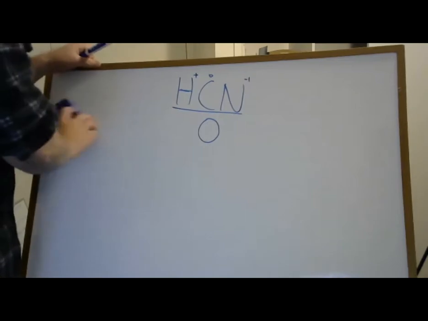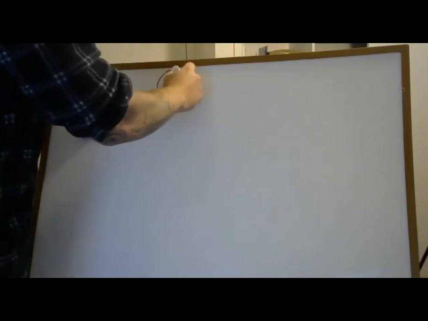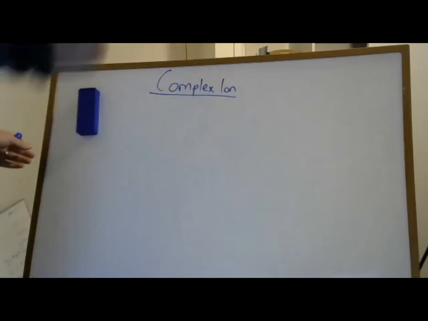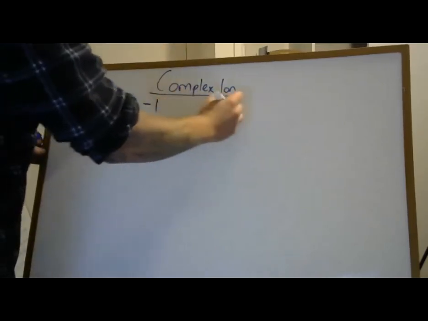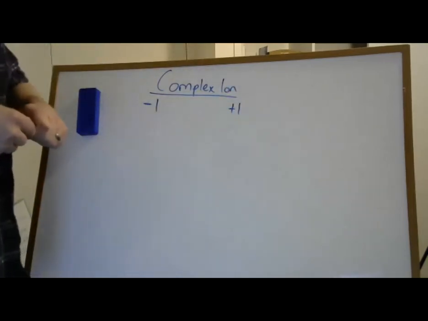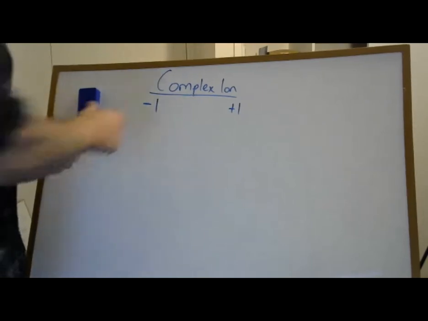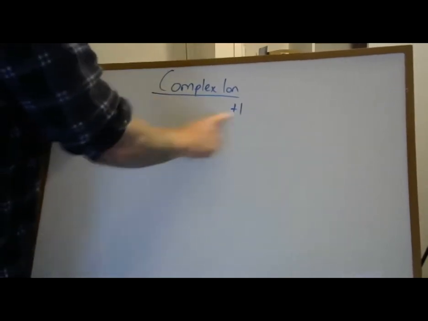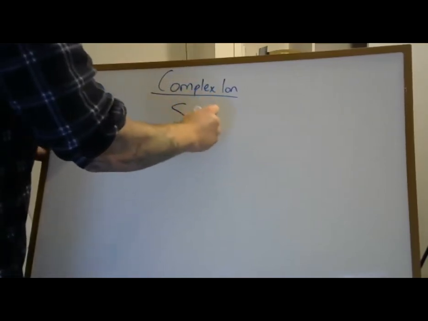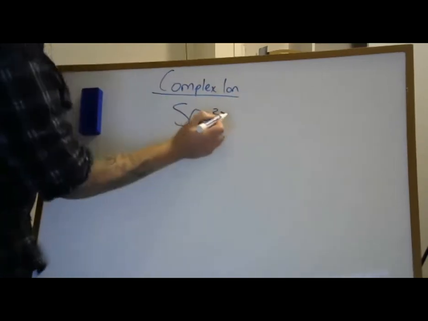Except when it's in what we call a complex ion. So I have a negative one or positive one, but the sum of the charges, so if it's sulfate, SO4 2-, this is the charge.